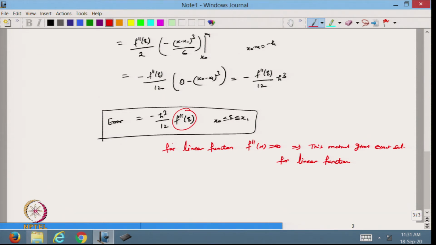So for a linear function, if we are doing the integration, then we will get the exact value using the trapezoidal rule. That is the way we can find out the error.